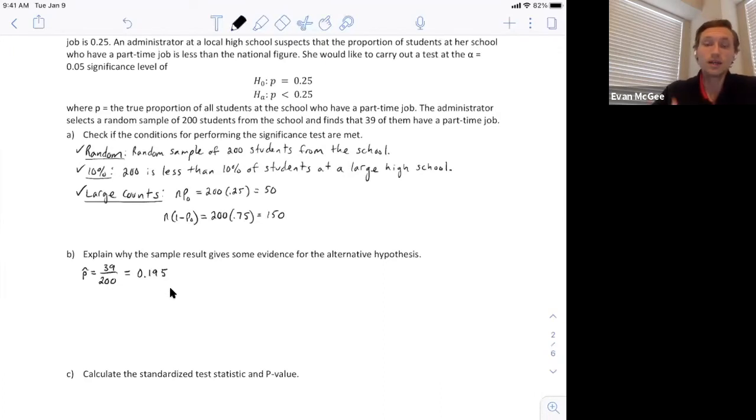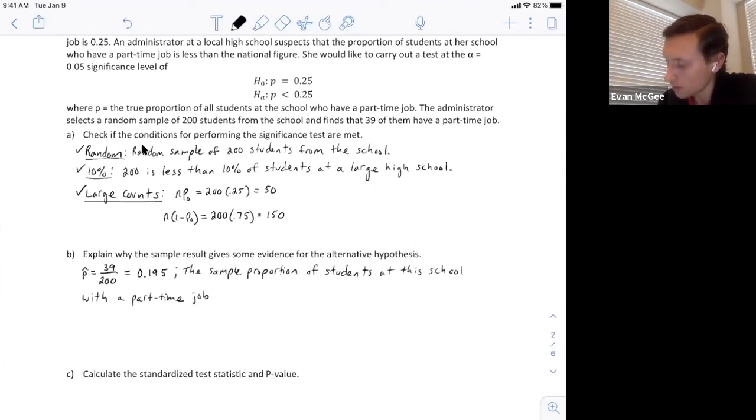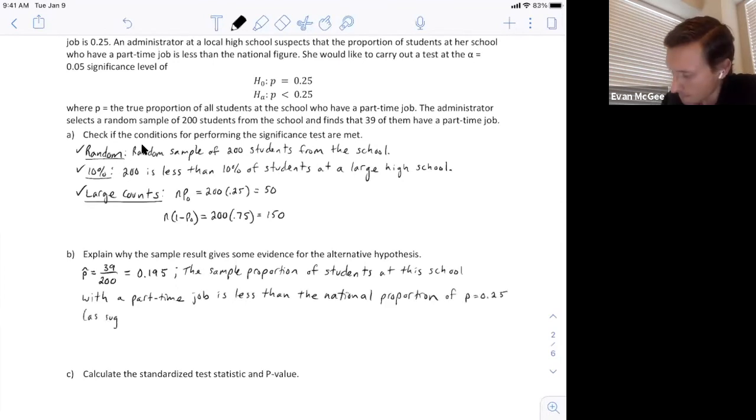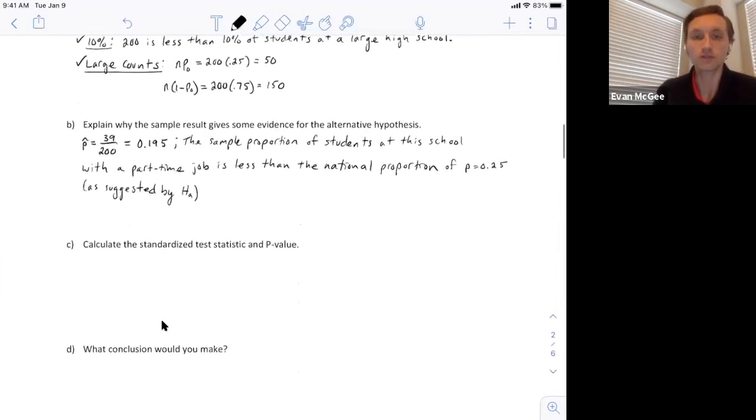So that's why at first it gives us some evidence for the alternative, which is that the proportion at the school is less than 25%. Again, the sample proportion of students at the school was less than the national average of 25%. So it's suggesting evidence for the alternative, that it's less than 25%.